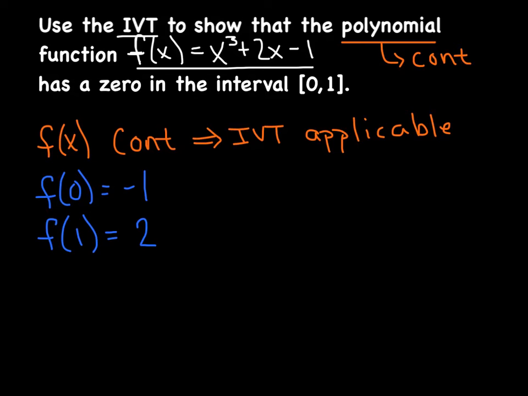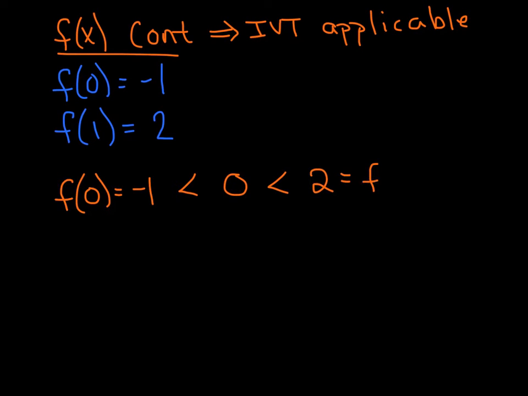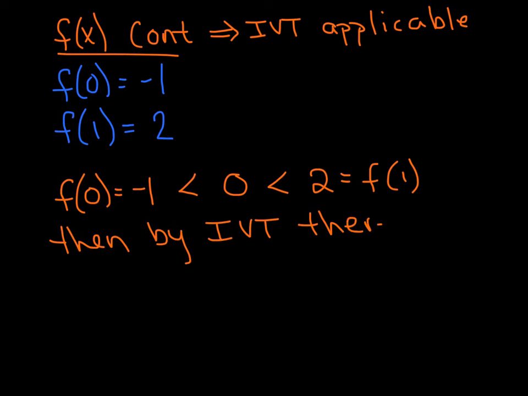And here's how I might justify this if I was showing all my work on a short answer. After I've declared f is continuous and so forth, I would say, well, because f of 0 is equal to negative 1, and that's less than 0, which is then less than 2, which was equal to f of 1, then by the intermediate value theorem, there must exist a value c.